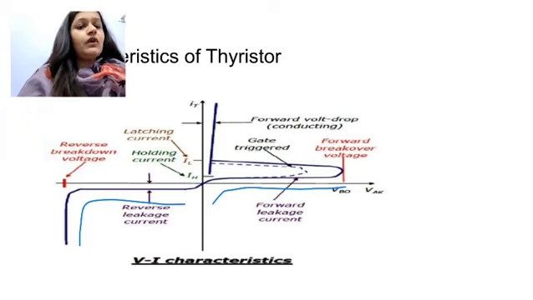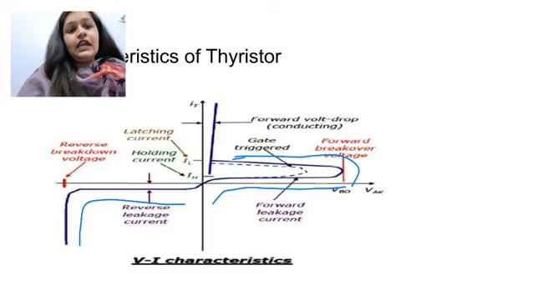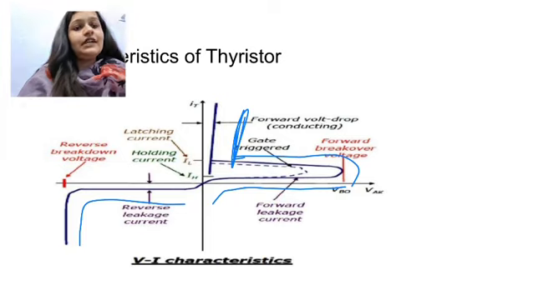Now when the depletion layer vanishes in junction J2, the voltage goes to a minimum. That curve shows the voltage going to a minimum and the current increasing rapidly in the forward conduction mode. That line shows the forward conduction mode. So without the gate terminal, we have to apply more and more voltage from outside to get this forward conduction mode.